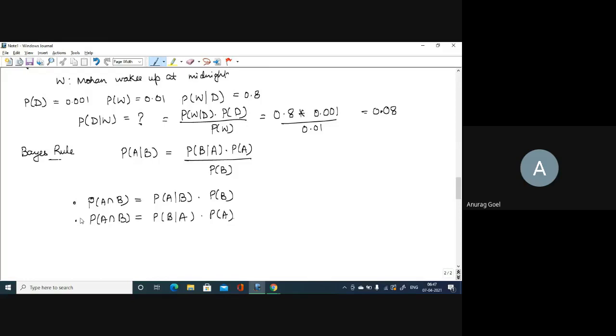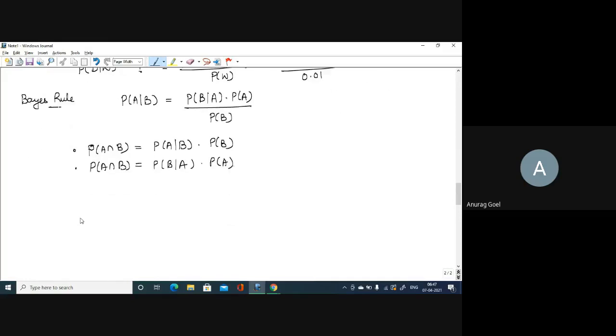So now let me take another example to clarify this Bayes rule if you have any doubt. For example, consider these two events.